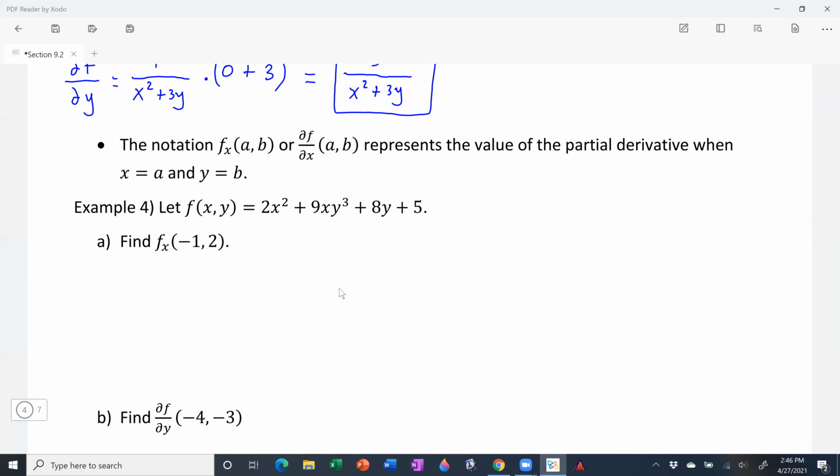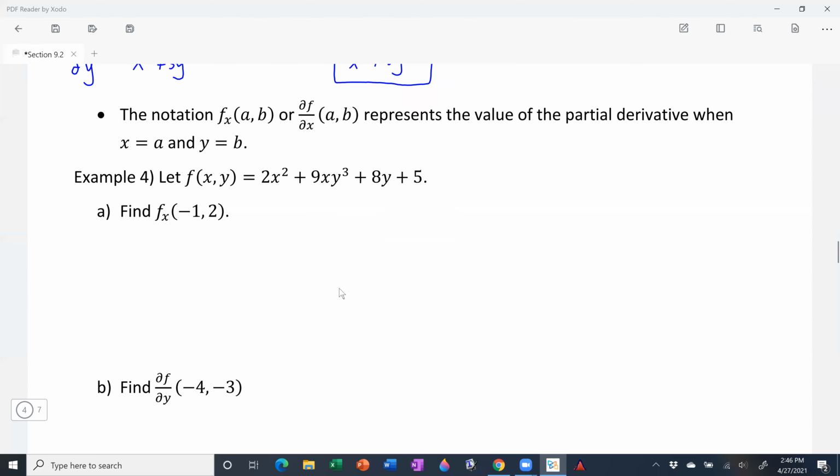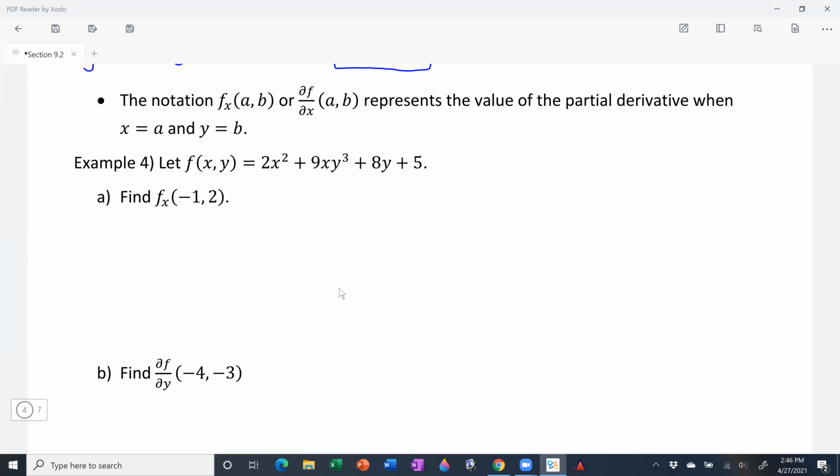The notation f sub x a comma b, or the partial of f with respect to x of a comma b, just represents the value of the partial derivative when x is a and y is b. Nothing too crazy there. We take the partial derivative like it says, and then plug in these numbers for the x and y values.